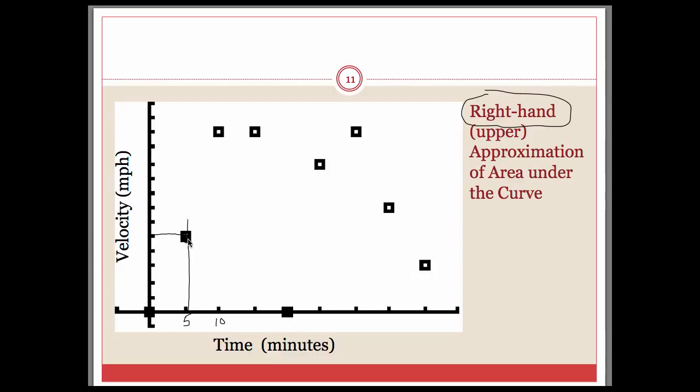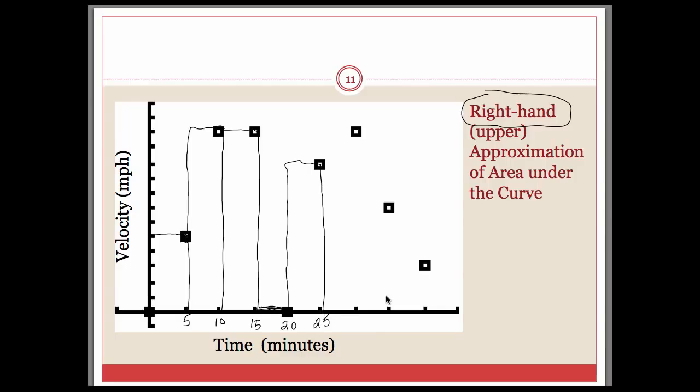So 5 to 10 minutes, now we're hitting this one up here. 10 to 15. Now the rectangle that goes 15 to 20, now you're back to having one that has a height of 0 again. 20 to 25, it's going to align with this point up here. 25 to 30. 30 to 35.